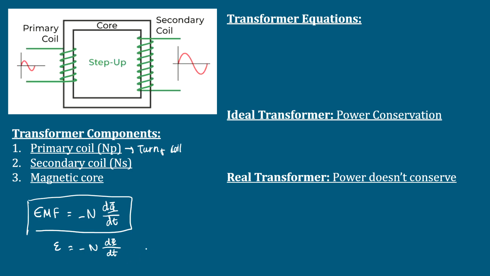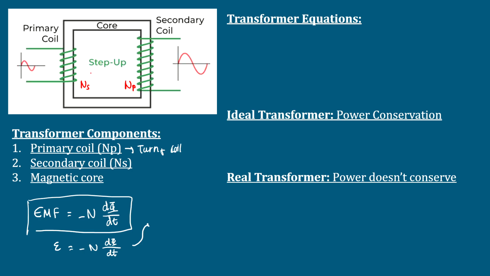But the question is, when we have two types of coil in the image above, and each has a different number of turns. Let's say this is NS and this is NP.